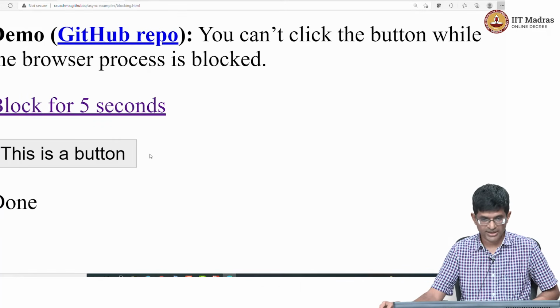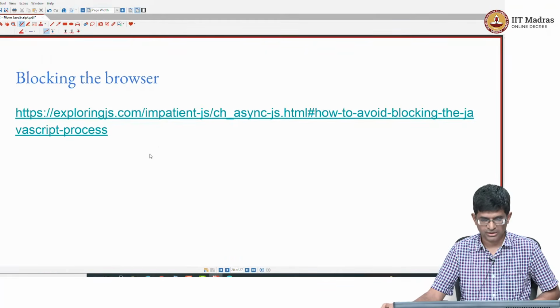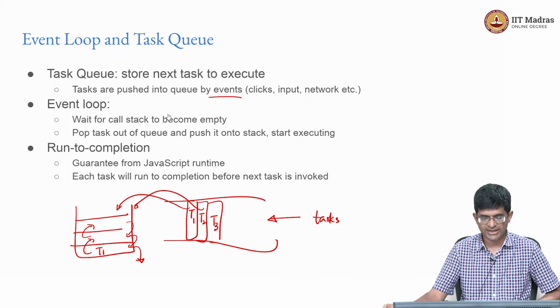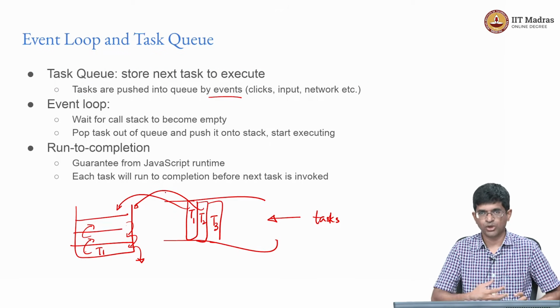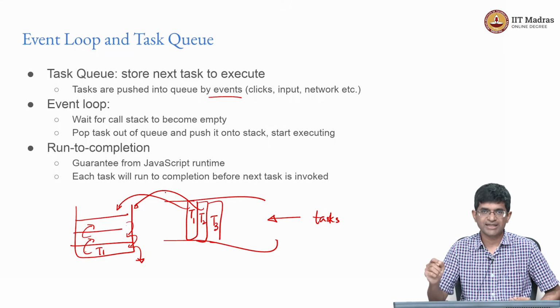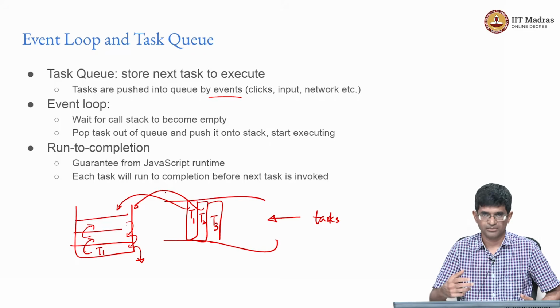In the context of what we saw with regard to the call stack, what it basically means is that one task has come onto the call stack and is just spinning over there, checking the current date and time and seeing whether 5 seconds have elapsed. Until that time, nobody else can move. No function can proceed, the tasks cannot proceed. Even if you try clicking somewhere on the browser, the system will simply not respond.